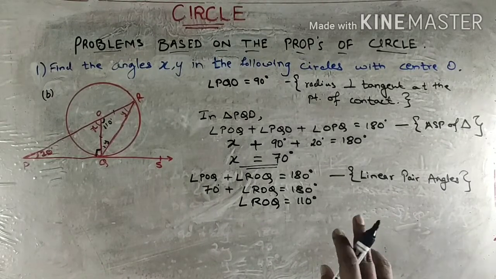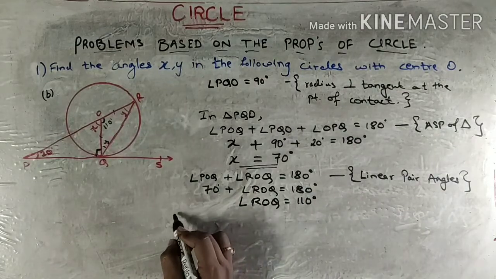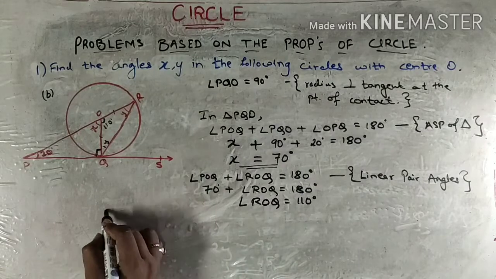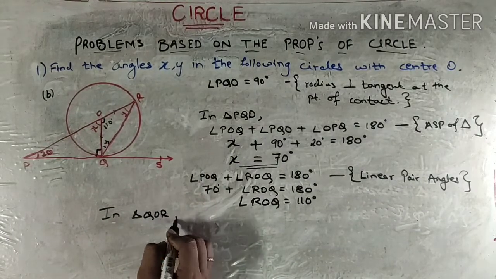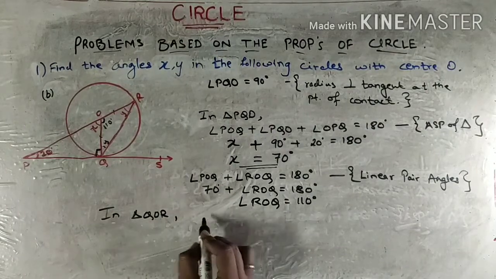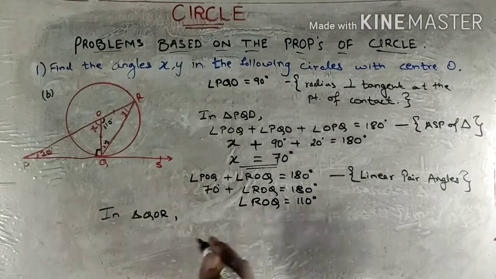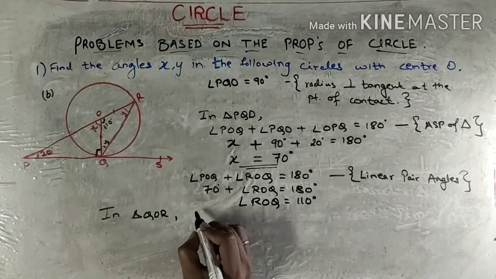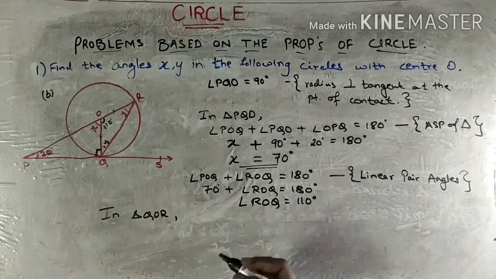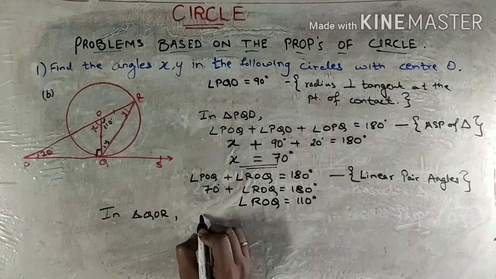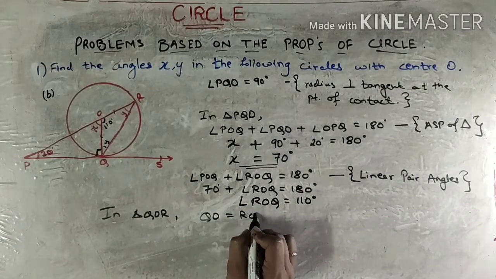Now let's move inside the triangle. In triangle QOR, I'll first prove that this is an isosceles triangle. Therefore I need to write the reason or justification for how I claim that it's an isosceles triangle. So QO is equal to RO.